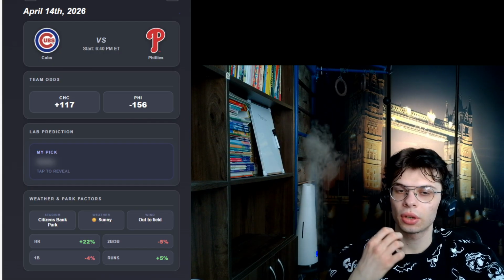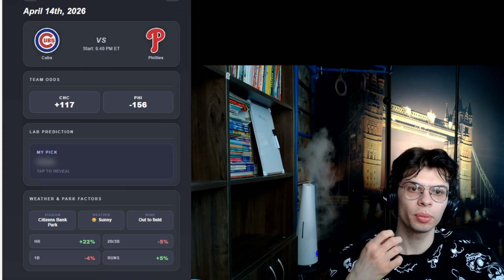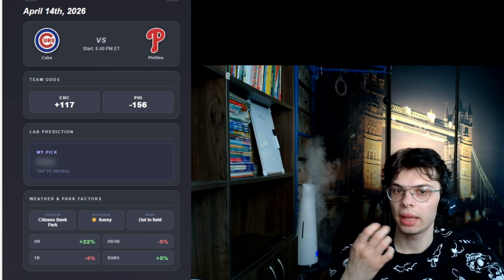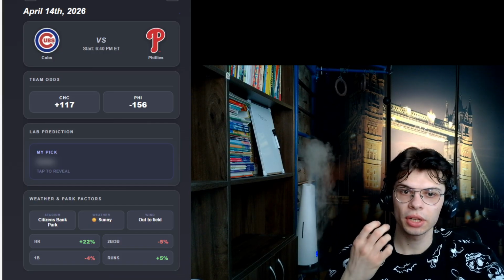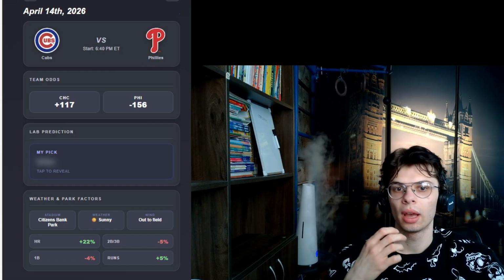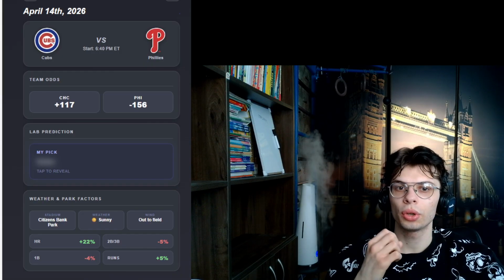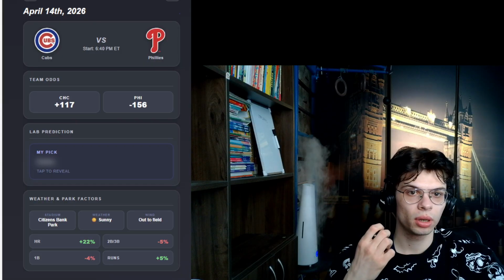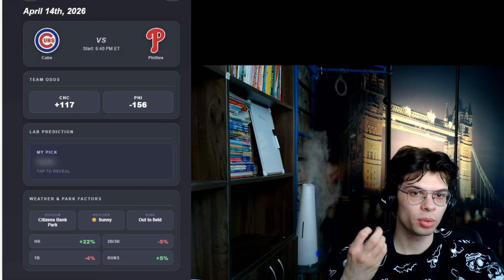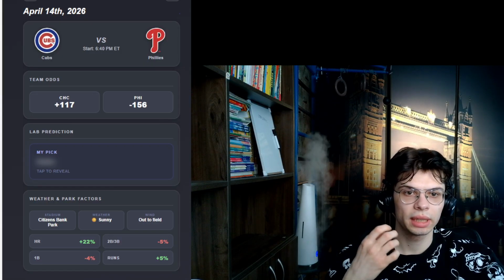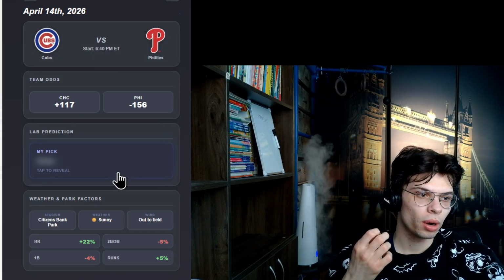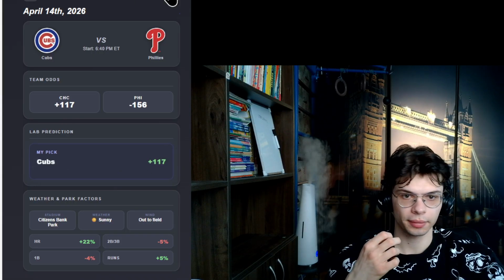So if the internal model collapses this game toward equilibrium, and the market still holds separation, that separation becomes mispricing. And that's the real trade. So you're not betting Cubs because they outperform. You're betting Cubs because the market overestimates stability in a structure that doesn't support it. So our bet here is Cubs.